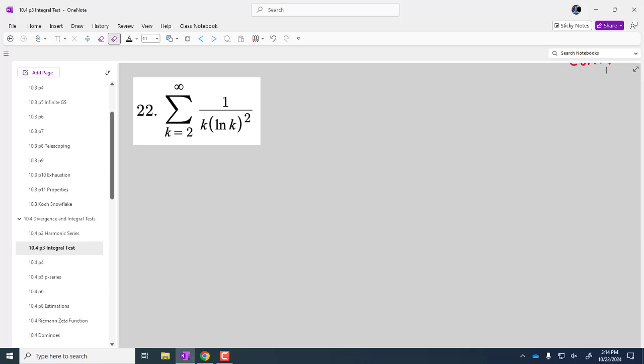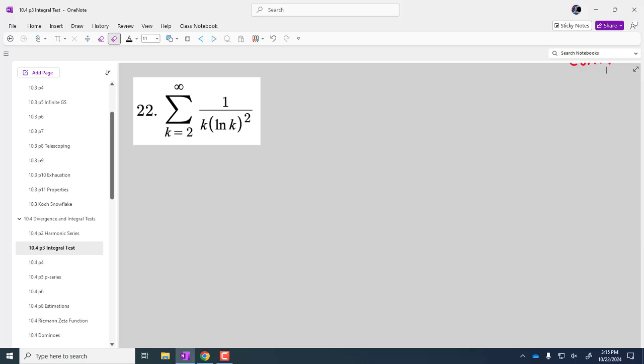We know 1 over x squared converges. And then we did 1 over x ln x, and that also diverged. What they're going to do here with series is very similar. They want to start bumping up the power on the natural log and see how many it takes for the denominator to grow fast enough that we get convergence.